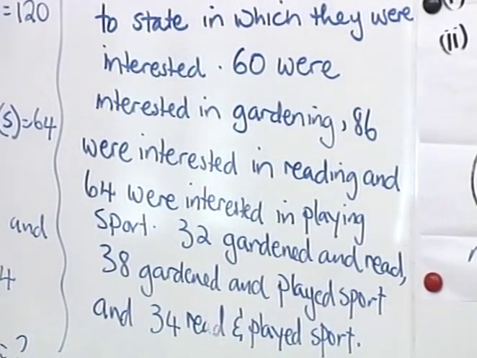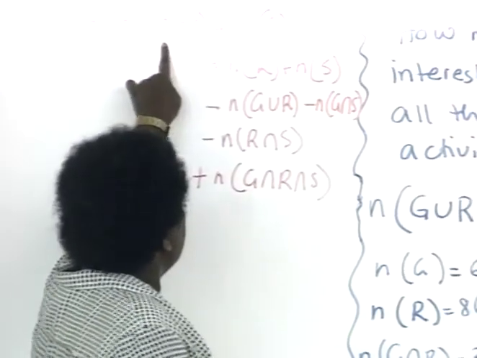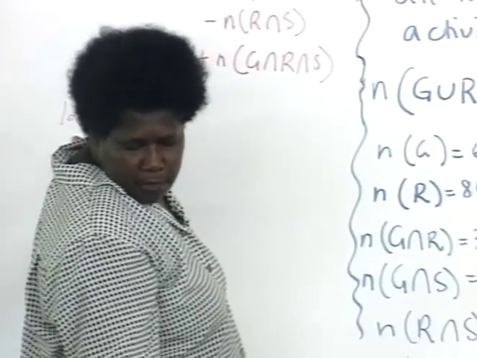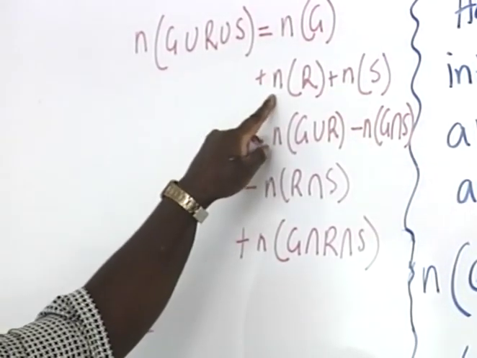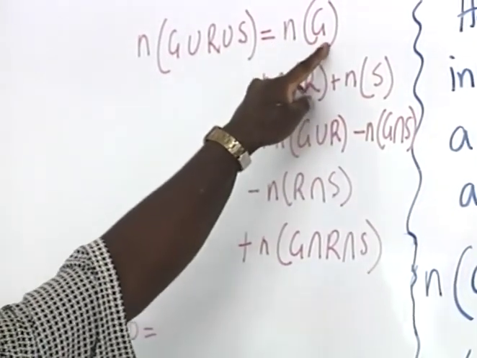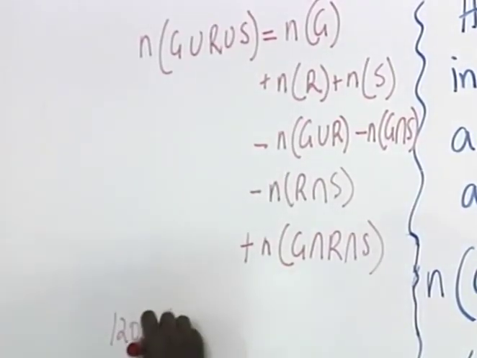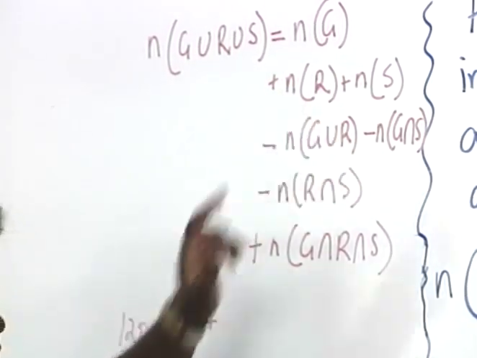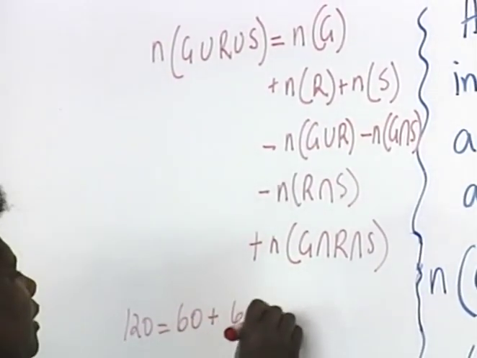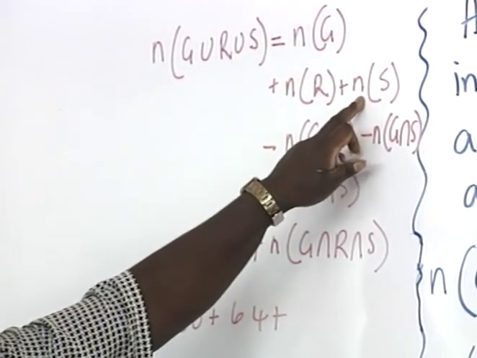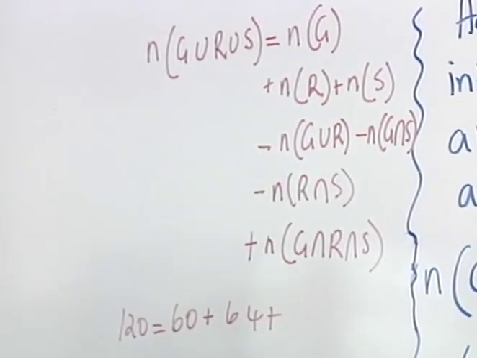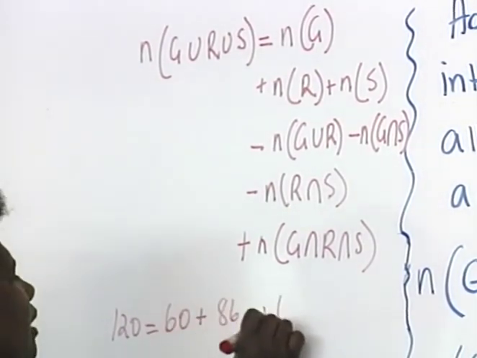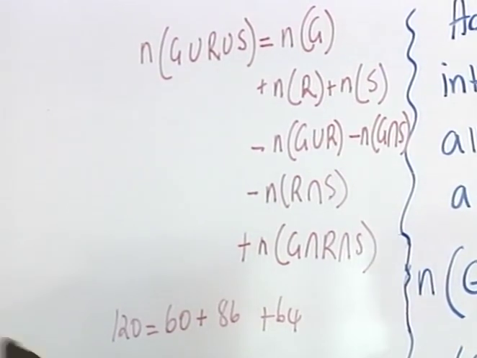Okay, so we know the number of elements in G union R union S is 120. We know that the number of elements in G is 60. The number of elements in R, interested in reading, is 86, and the number of elements interested in sports is 64.